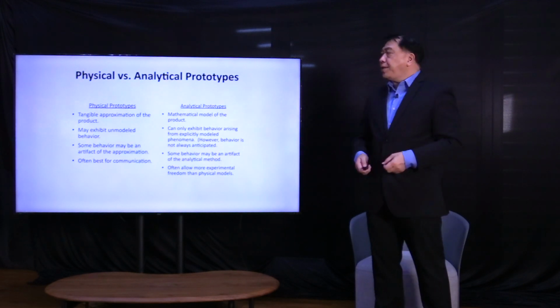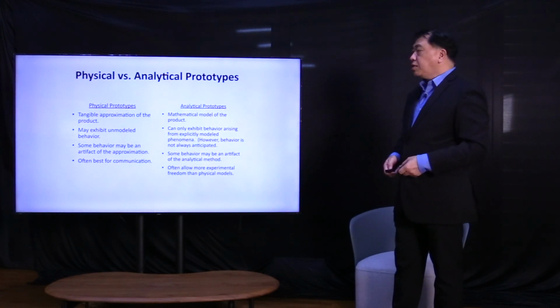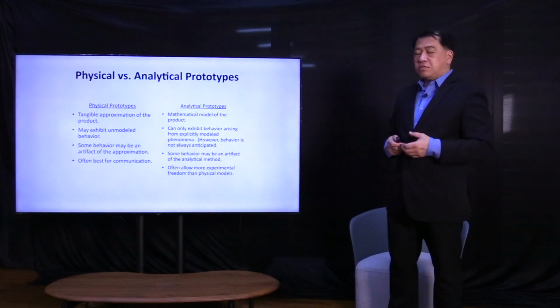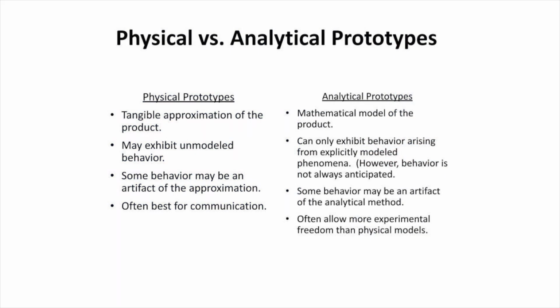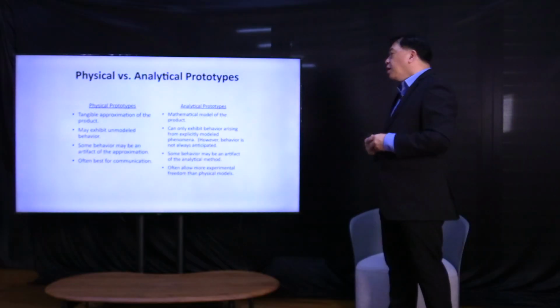Well, the physical and the analytical prototypes, what are the differences? Physical, of course, is tangible. It may exhibit the model behavior, and sometimes not, depending on how much intelligence we build into it. It's very good for communication because you don't need people to visualize, they can see it. You don't need them to think, they can feel it.